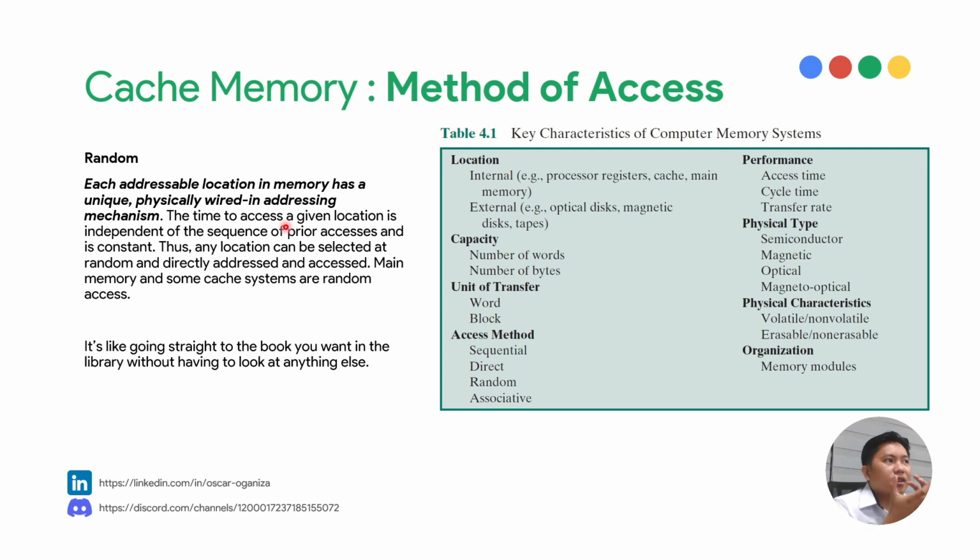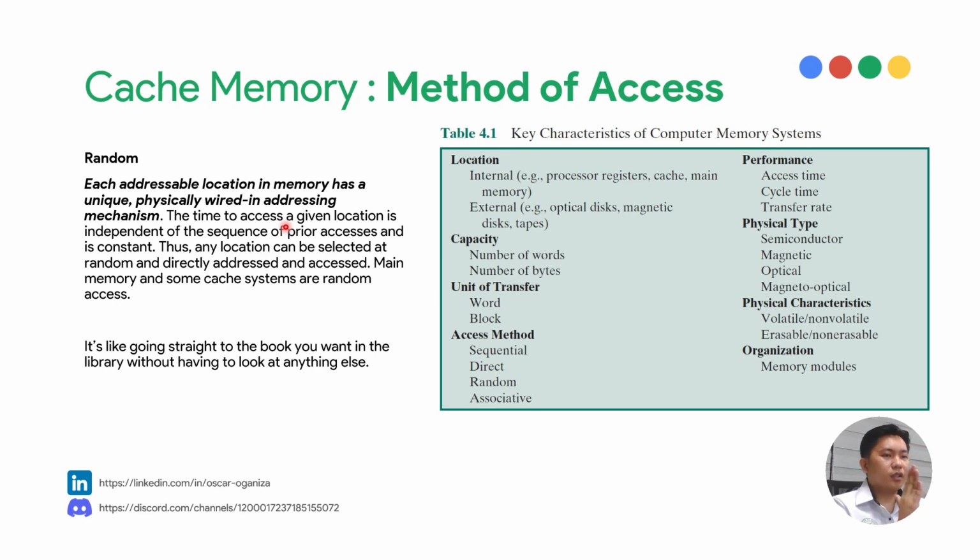So again, that's random method of access in the way you access the data, no? We have the random access. Kung dito, mas narrowed na yung paghahanap mo ng data. Okay? Each addressable location in memory has a unique physically wired-in addressing mechanism. So kanina, ang example natin is libro.